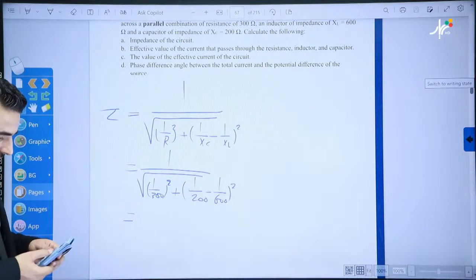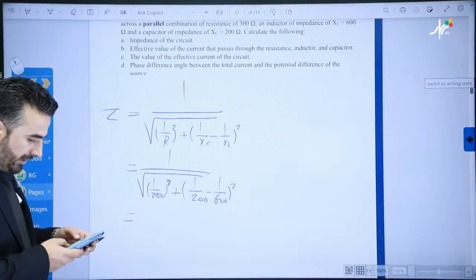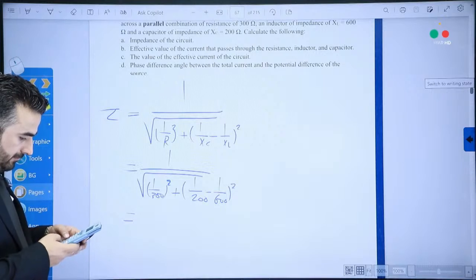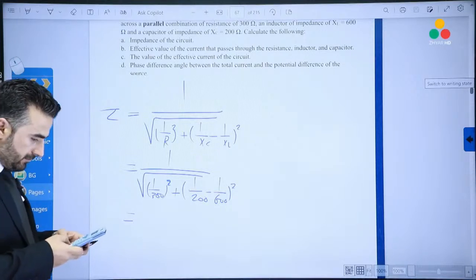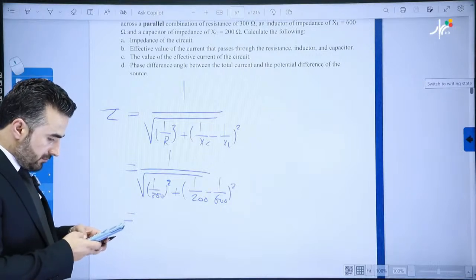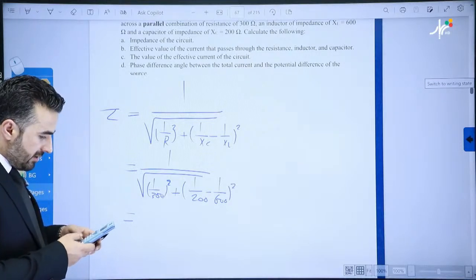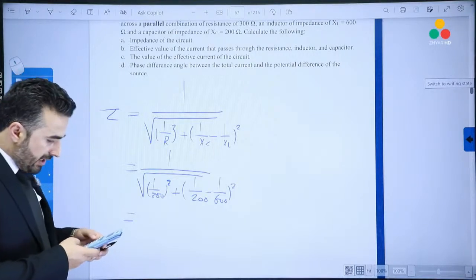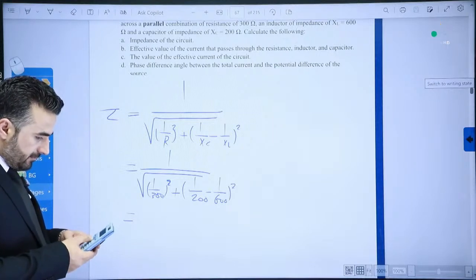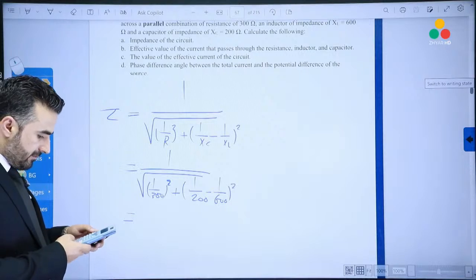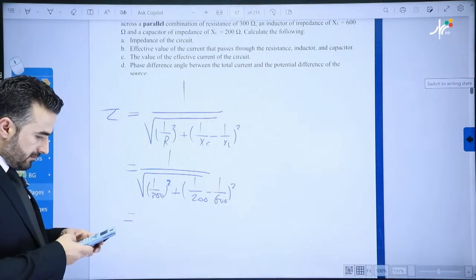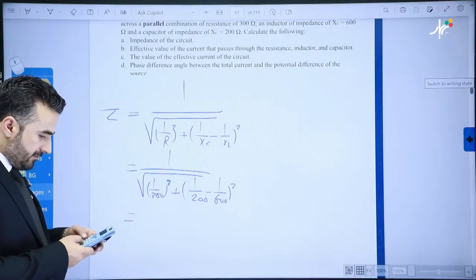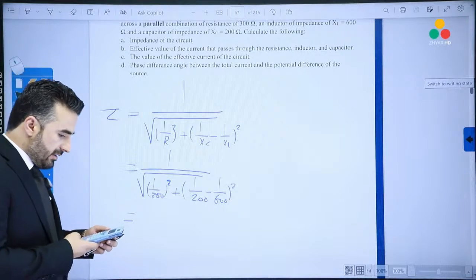So we have 1 over the square root of 1 over 300 squared, okay, this takes a bit of time, and then plus, open bracket, 1 over 200, and then minus 1 over 600, then close bracket, and then of course squared again, and then press equal.